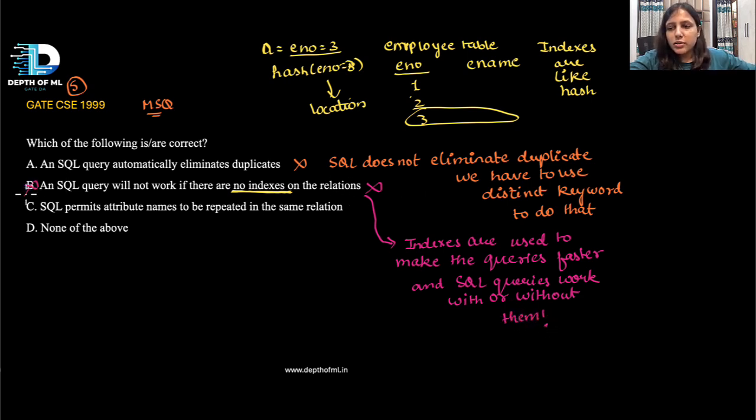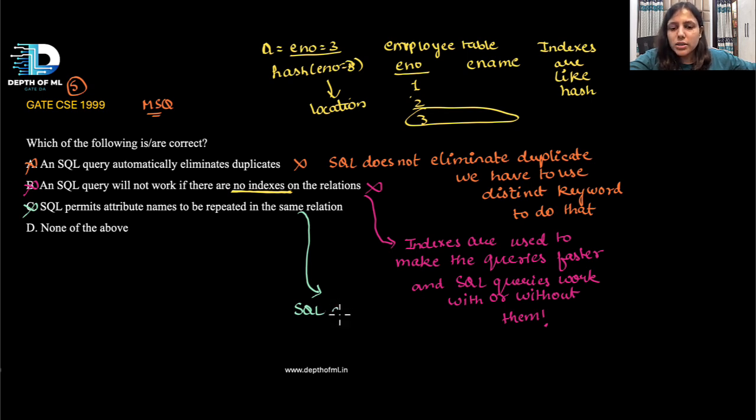So we have found out that these two statements are incorrect. Let's look at the third statement. The third statement says that SQL permits attribute names to be repeated in the same relation, right? So this is also incorrect. When we started talking about the relational schema and SQL, we said that SQL does not allow the same attribute name in the same relation.